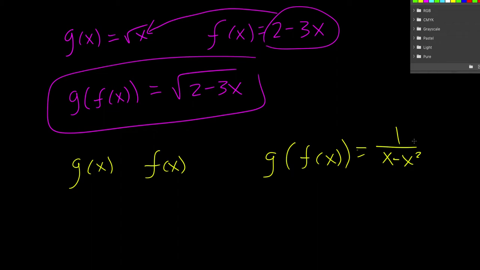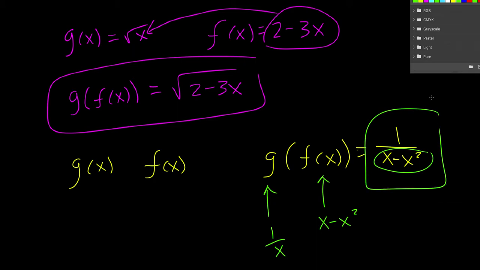Overall this is 1 over something, so I would say the outer function is probably 1 over x. And if we plugged in something for that x to get this, it would be this function. So I would say f of x is x minus x squared. If we took this and plugged it in here, we would end up with this.